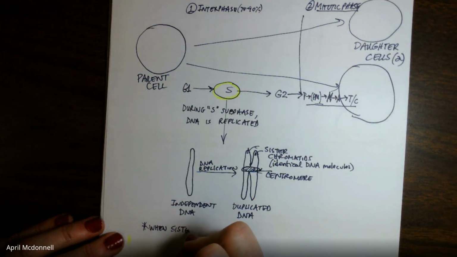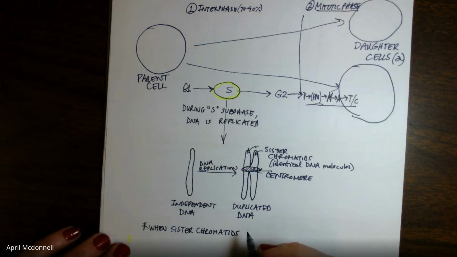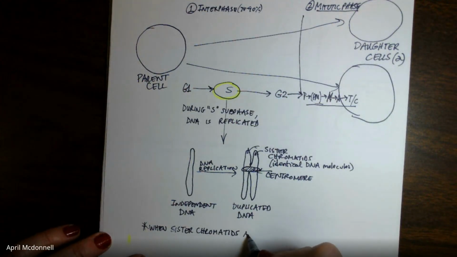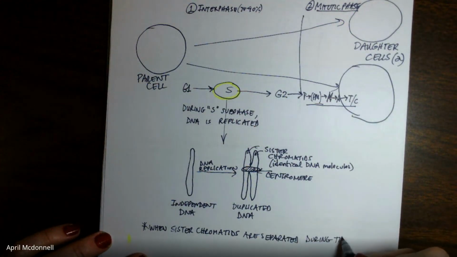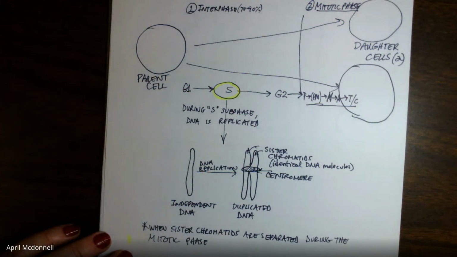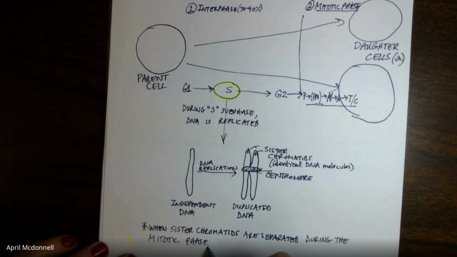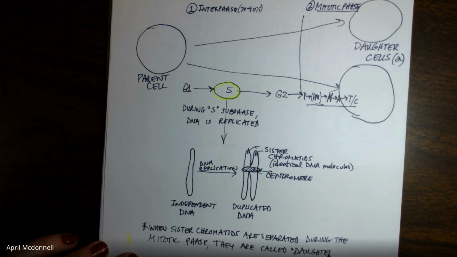However, when the sister chromatids are split apart during mitotic phase, they're going to then be called daughter chromosomes.